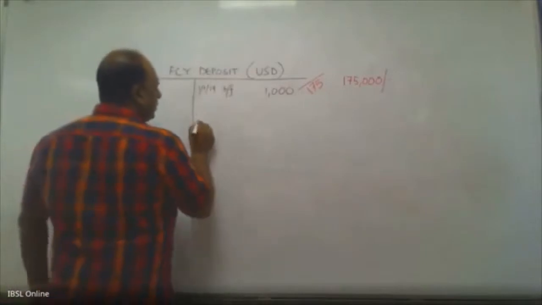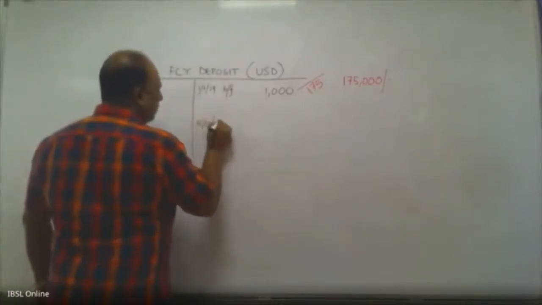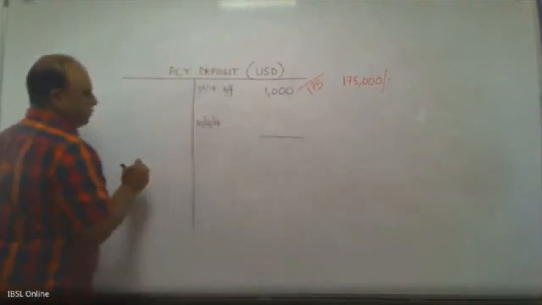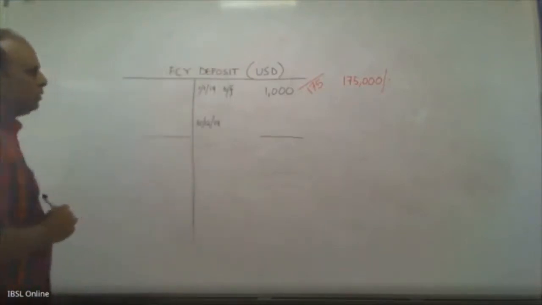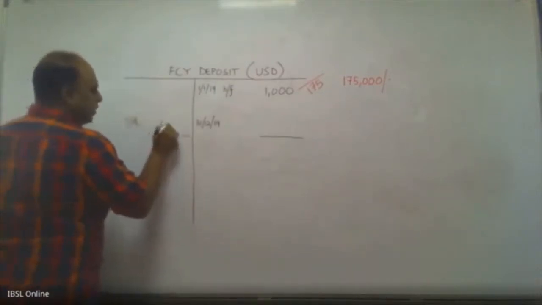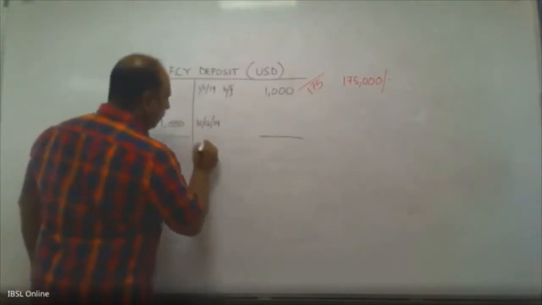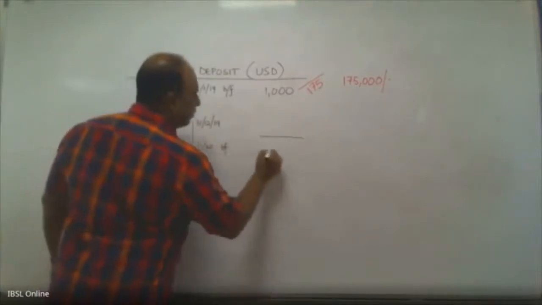Now I come to the end, that is 31/12/2019. The carried down balance is again 1,000. I have not changed anything, and the brought forward balance of 20 will again be 1,000.